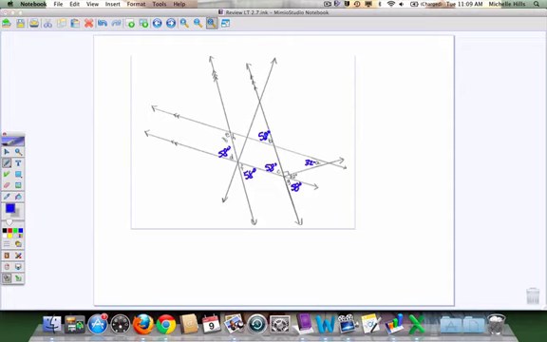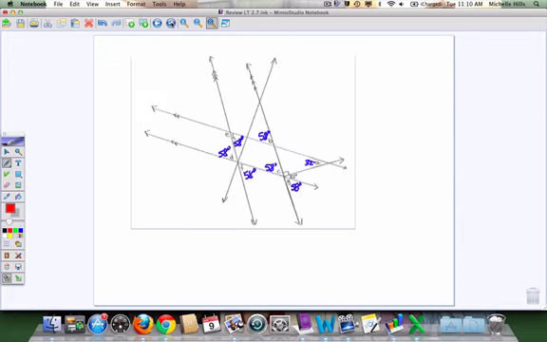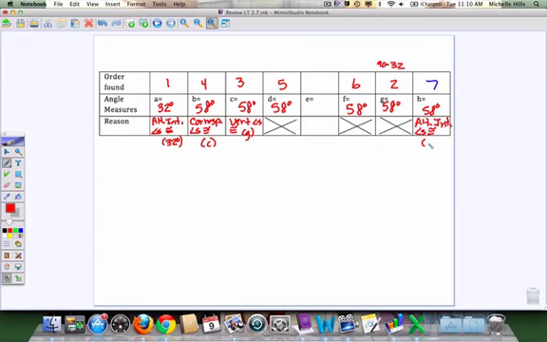So again, I have a whole bunch of reasons why H is 58 degrees. In this case, they do ask me to say why, so H is 58 degrees. I'm going to say alternate interior angles are congruent, it's hard to write neatly on this, and I'm going to use the one with measure D for that.